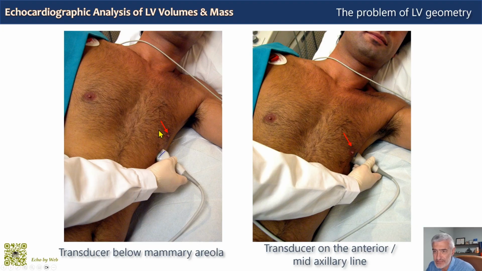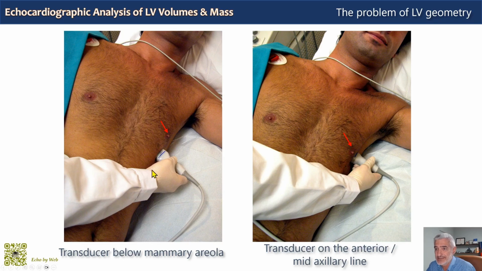So the best way to prevent the incorrect positioning of the transducer, which is difficult to correct at the beginning, because if you put the transducer in the incorrect position but you see the endocardium well, then you tend not to shift from there anymore because you are afraid of losing the endocardium.